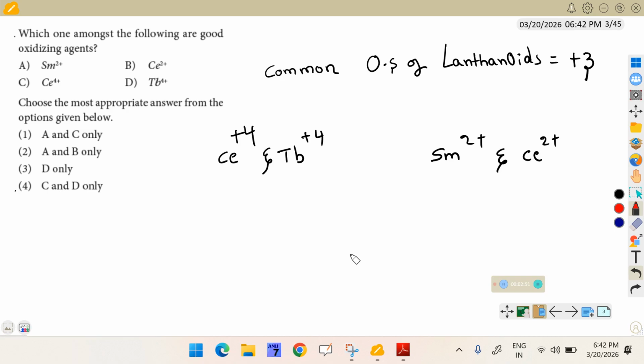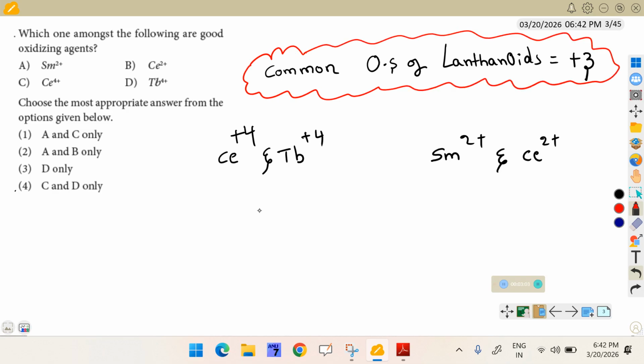Which of the following are good oxidizing agents? Given lanthanides, the common oxidation state of lanthanides is plus 3. In the question, cerium exhibits plus 4, terbium also exhibits plus 4 oxidation state. Samarium exhibits plus 2, and europium also exhibits plus 2 oxidation state.